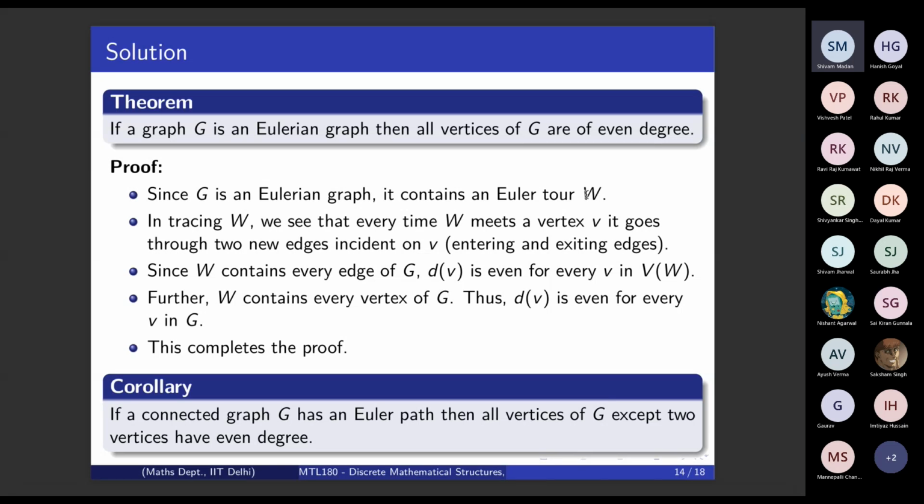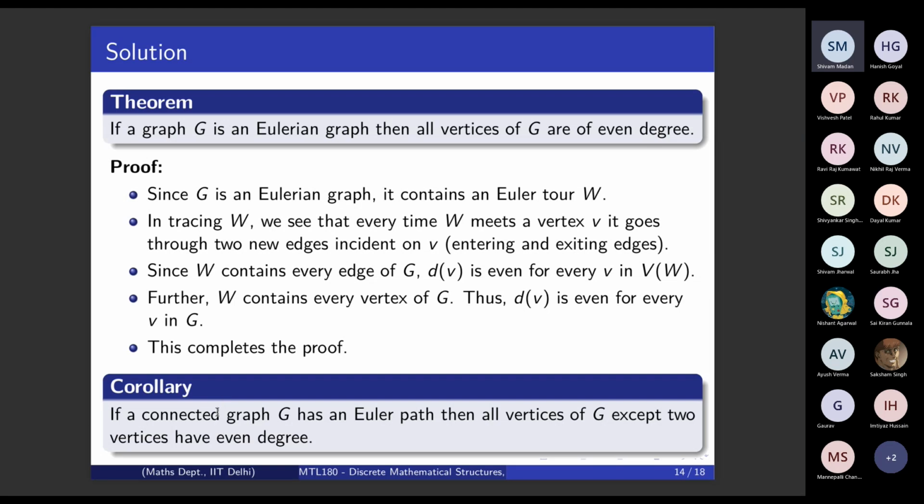So you have to just count how many ways it is going to go in and out. If one vertex is involved exactly once, then the degree will be 2. If it is involved twice, then degree 4. If one vertex is involved 3 times, then degree will be 6, in this way. So degree is always even.